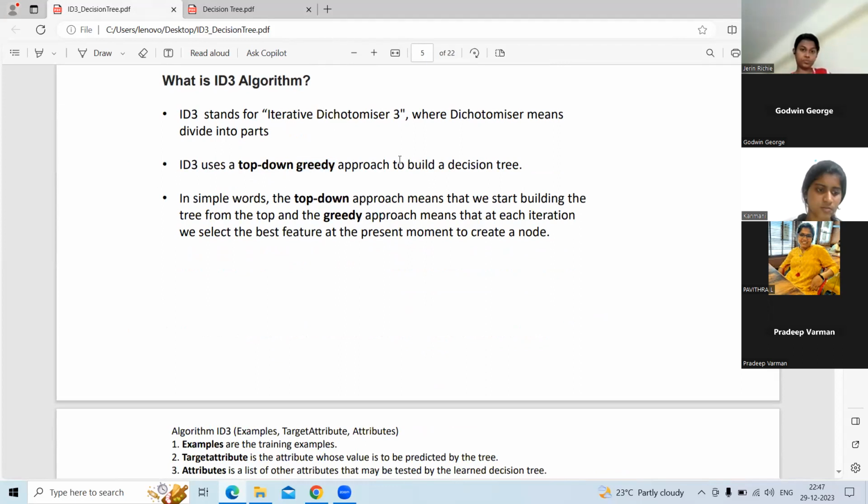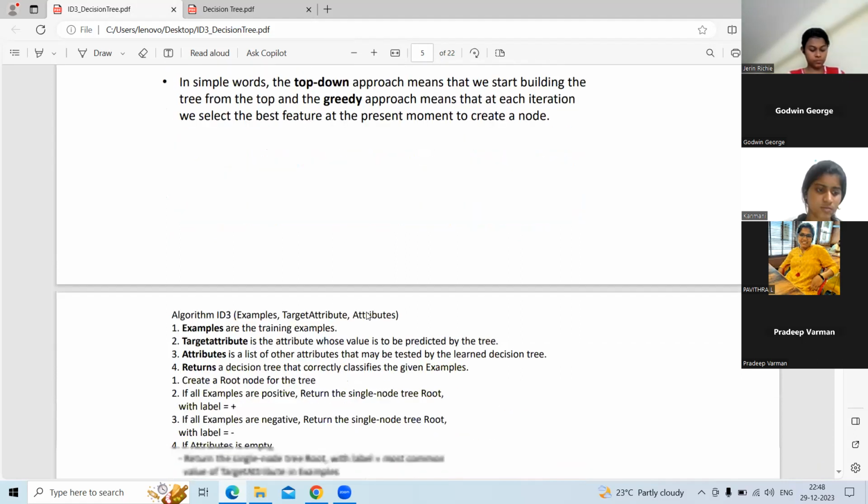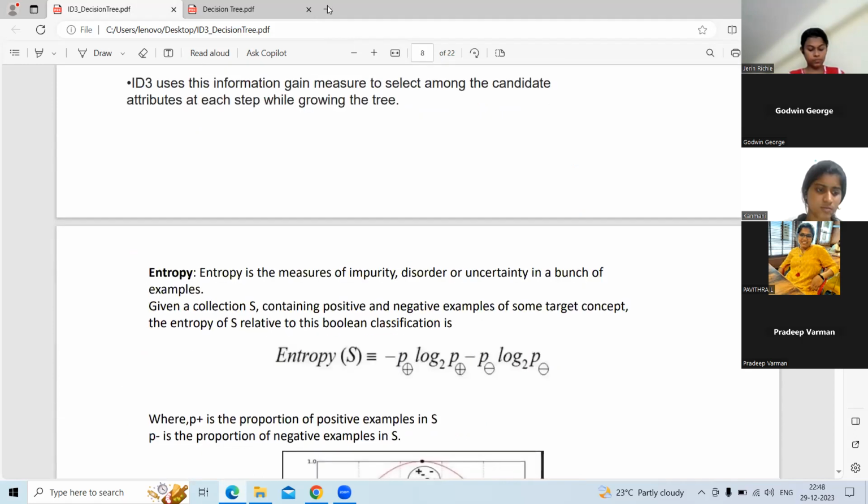Top-down means we will start building from the root node to the leaves. Greedy approach means at every step we'll try to find out the best feature, and we will use that feature as the root node. Now let us take this example and understand more.